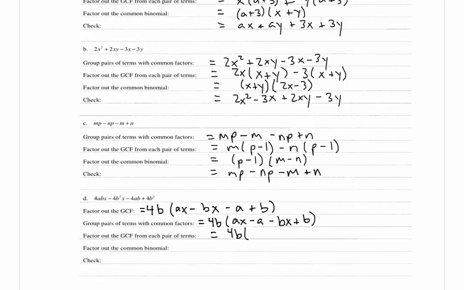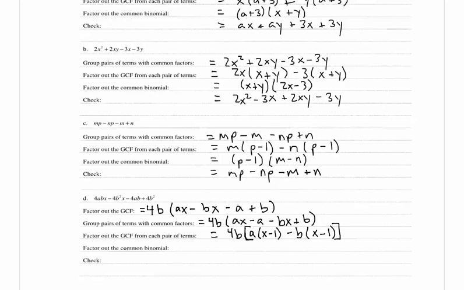So in my first two terms, I have a common factor of a, and that's going to leave me with x minus 1. And in my second two terms, I have a common factor of b, but I'm going to factor out a negative b so that my x term is positive, so I'm left with x minus 1.